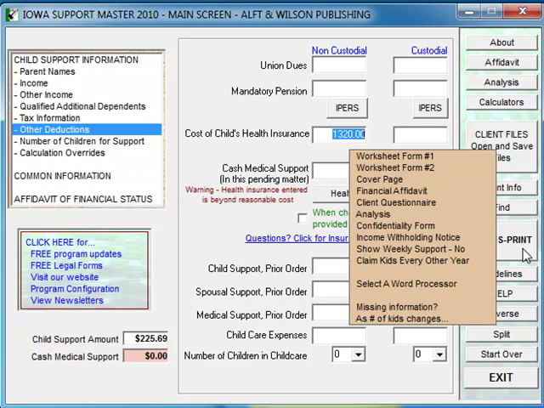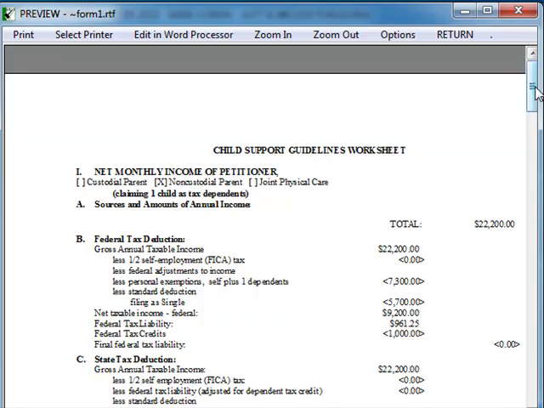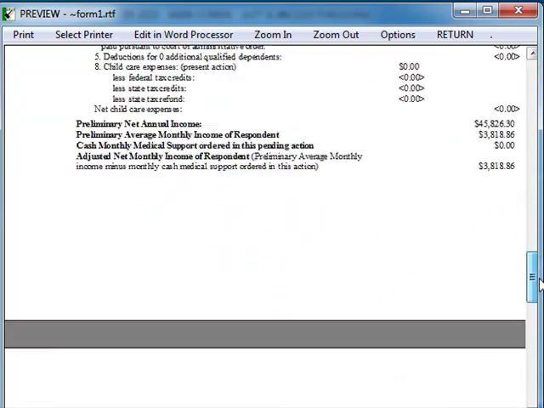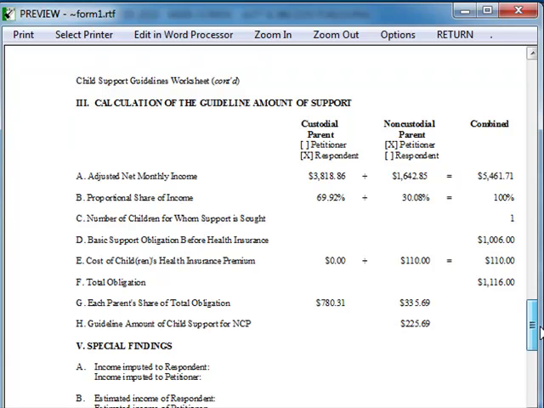But keep in mind that the custodial parent on the Form 1 will share a part of the child health insurance obligation. And you'll see right here on page 3, cost of health insurance premium $110. It's added to the total support amount, and it comes out right there. It shows you the total obligation, and then the program takes the percentage of each parent, totaling 100%, against this total amount to arrive at each parent's obligation.